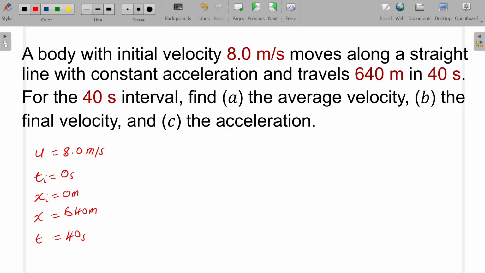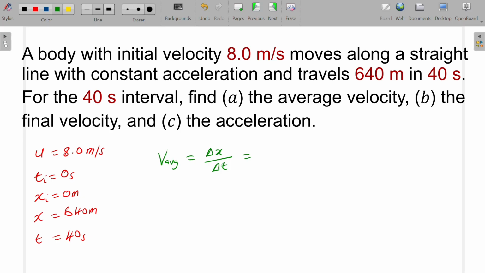So we are starting by finding the average velocity. So average velocity, let's represent that by V average, is given by change in position, which is displacement, divided by change in time.